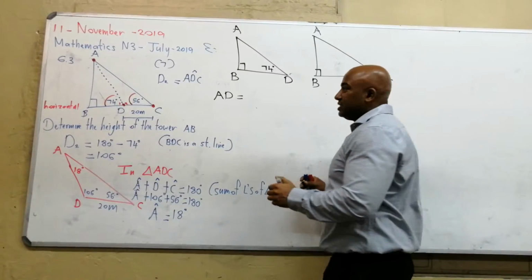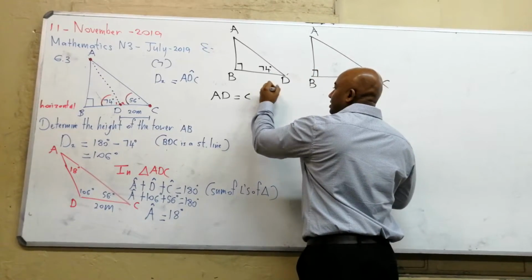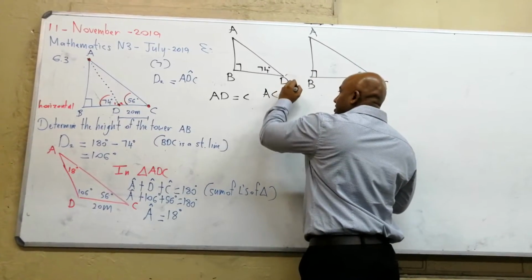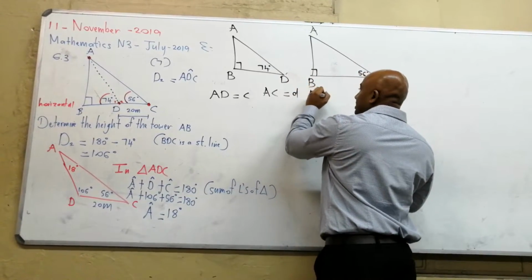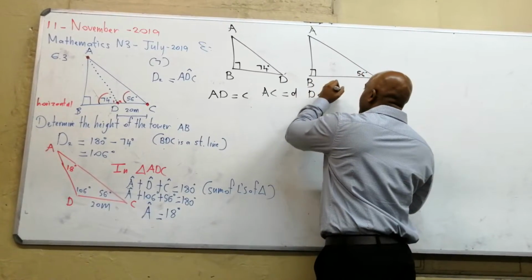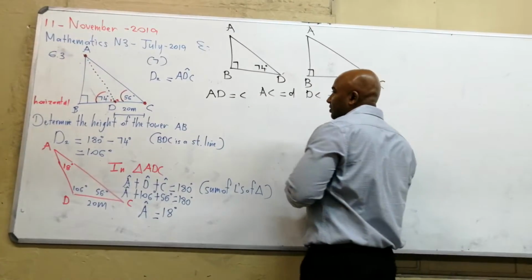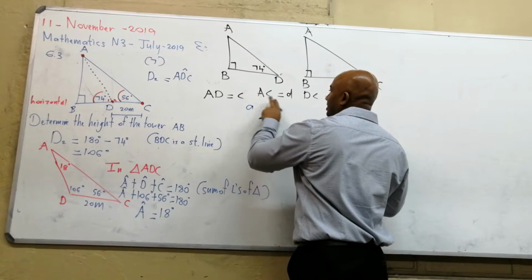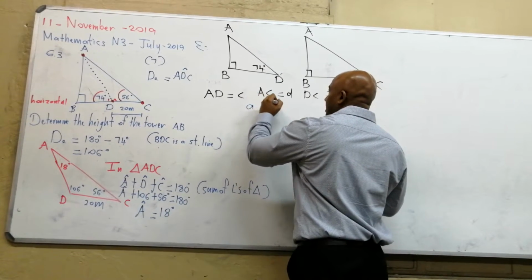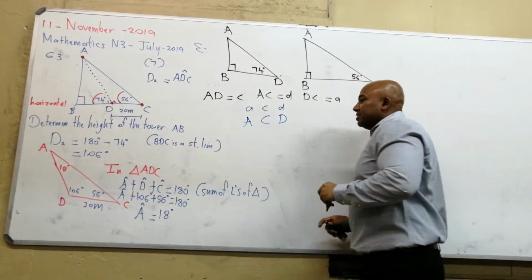Small letter C. AD is small letter C. AC is small letter D in that diagram there. And DC is small letter A. Now let's write that down. What do we have? Let's write down A, C, and D.